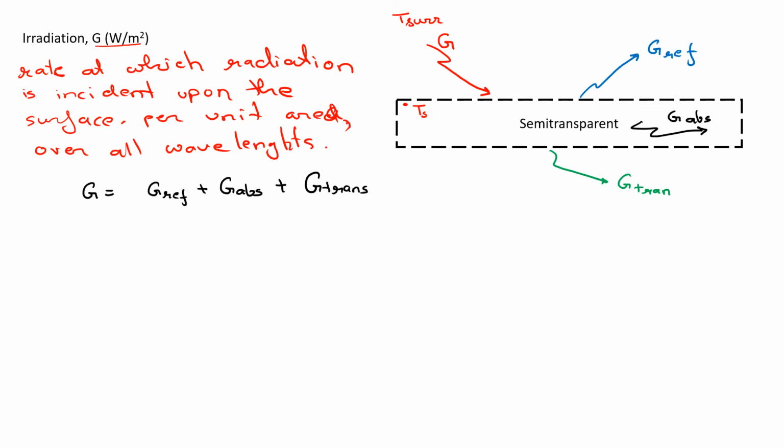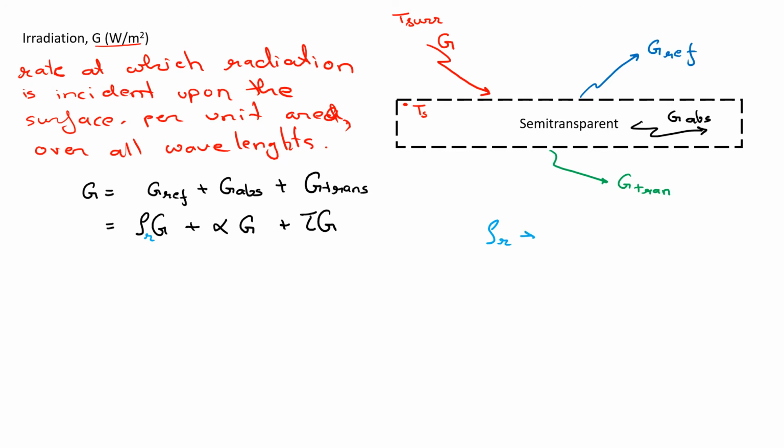Right? And what we can do is write this in terms of proportions or portions. So let's say rho times G is reflected, plus alpha times G is absorbed, plus tau times G is transmitted. Now rho, let's say it's rho r.